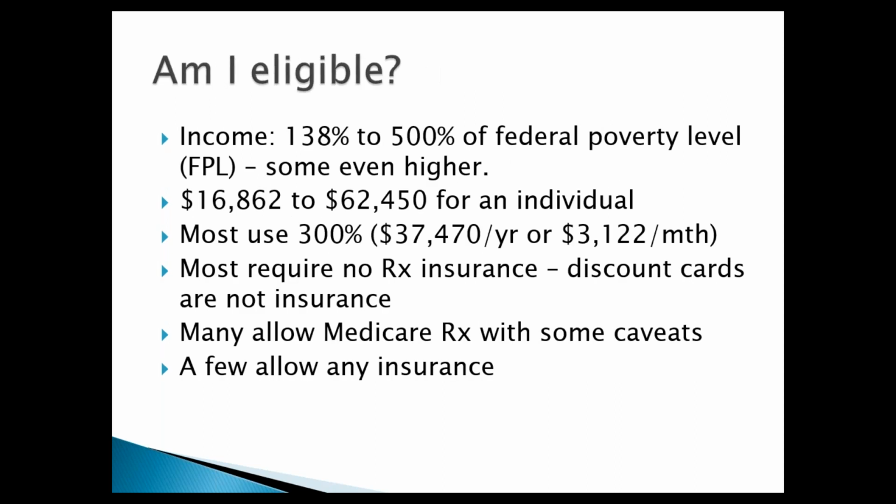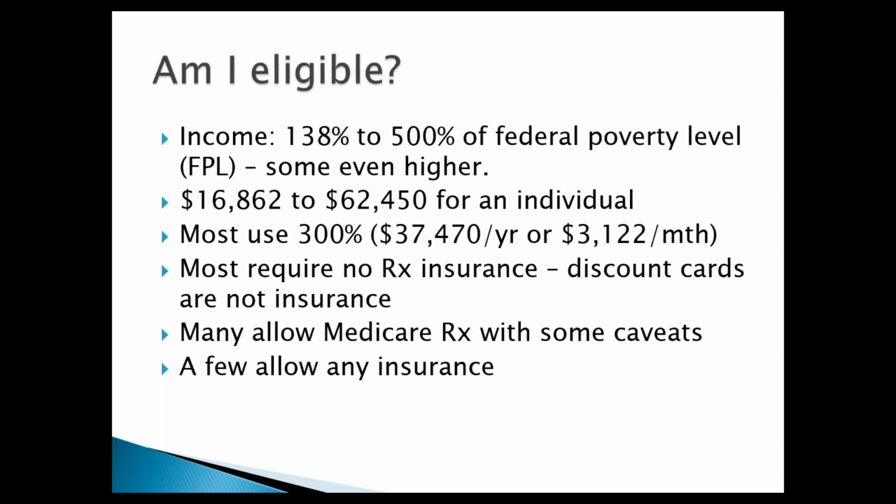So, income. Usually, it's from about 138% to 500% of federal poverty level. Some are even higher. And the 138 is the Medicaid eligibility limit.